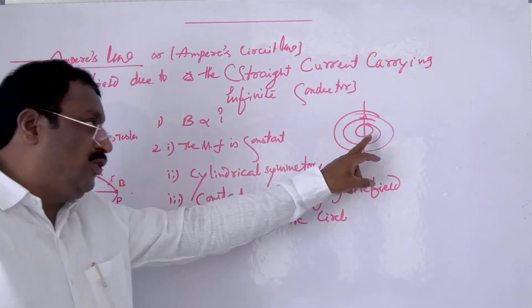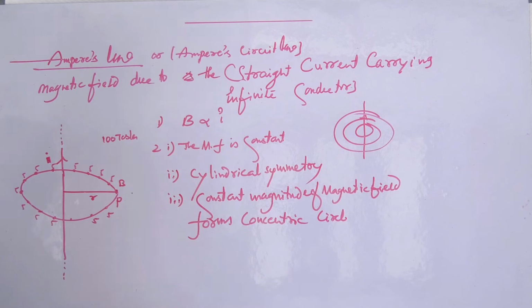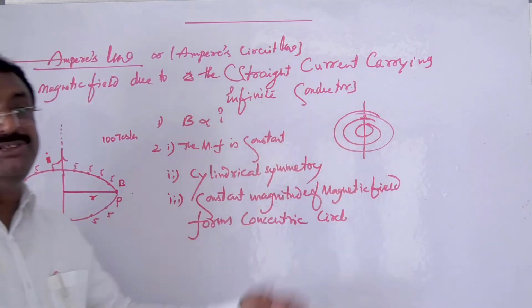On every circular loop, the field is constant at each and every point. From one loop to another loop, the field will change.